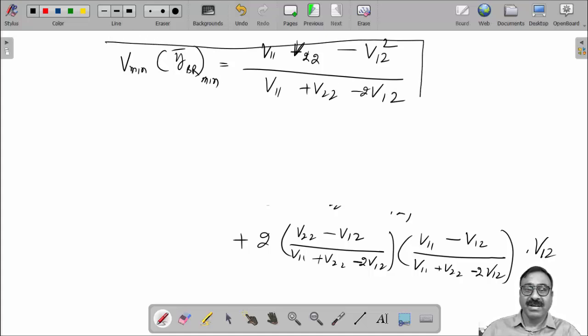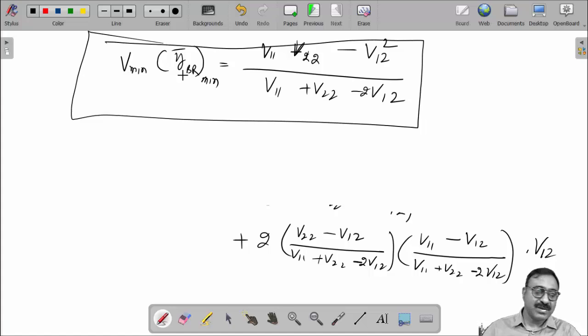This is the minimum variance of the bivariate ratio estimator.